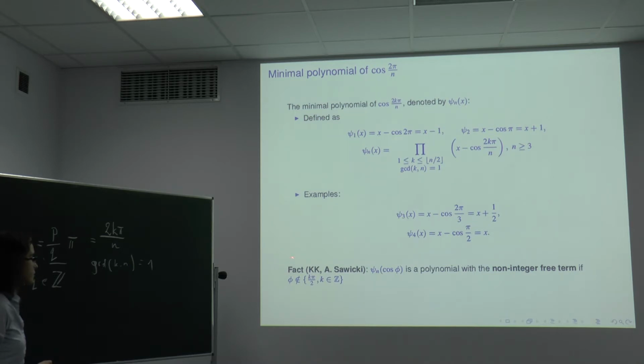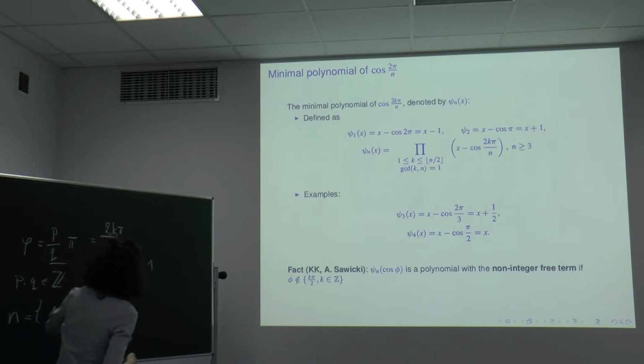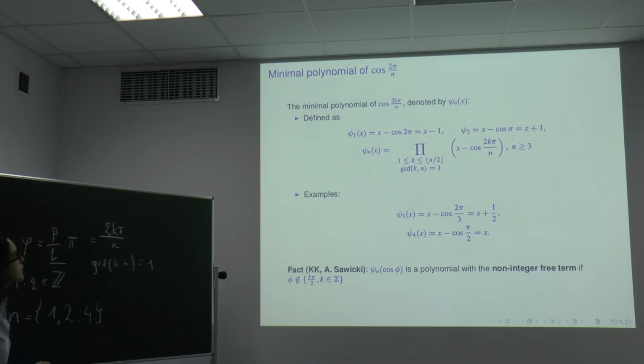A very important statement we have proven for this family of minimal polynomials is that such a polynomial has a non-integer free term if the angle phi is different from k pi divided by 2. So only if n is equal to 1, 2, and 4, this minimal polynomial psi n is a polynomial with integer coefficients.